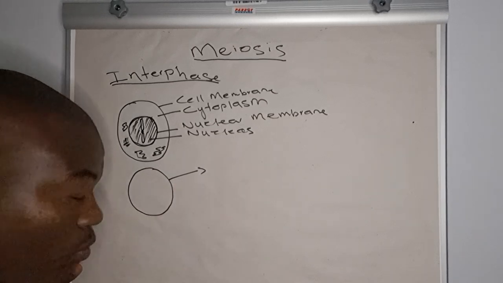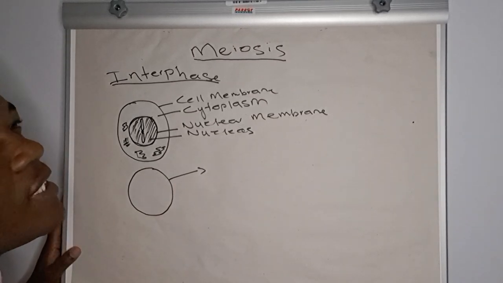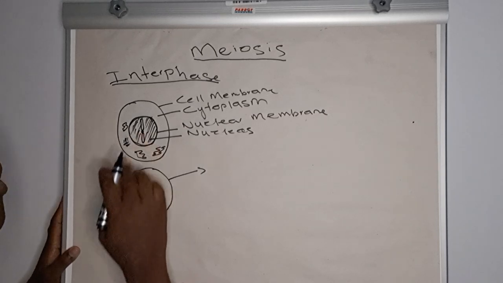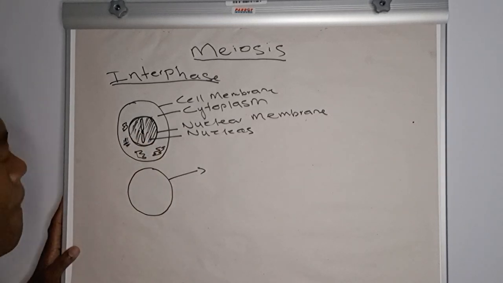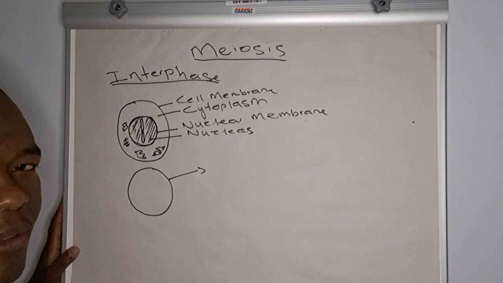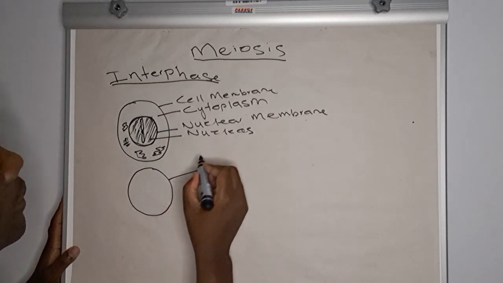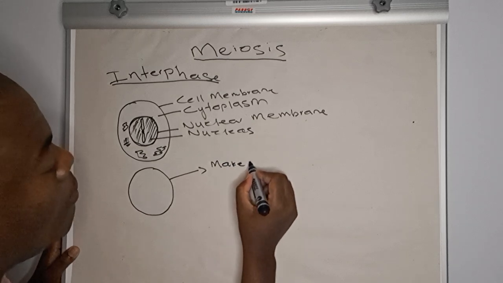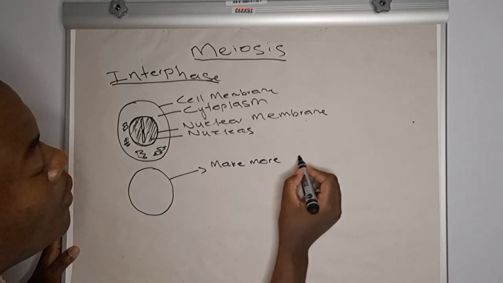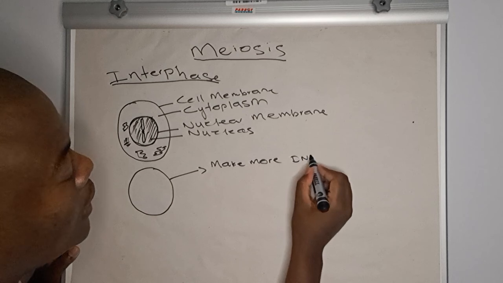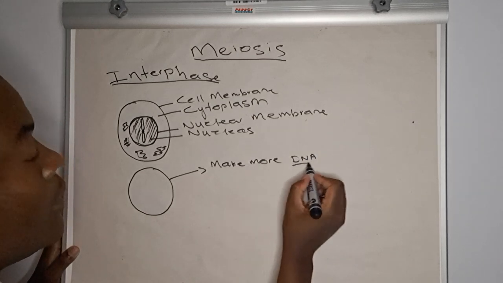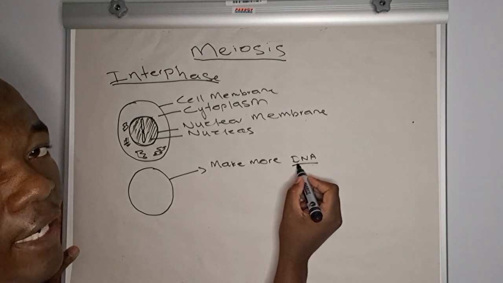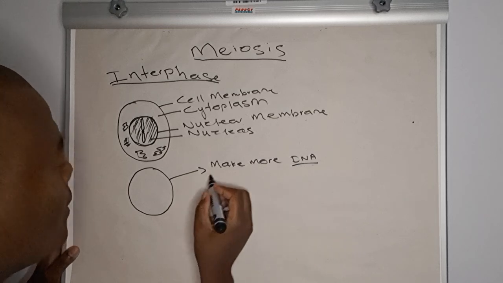Now, what does the first rule of interphase say? The first rule of interphase says, make more DNA, make replication of DNA. Make more DNA, deoxyribonucleic acid.